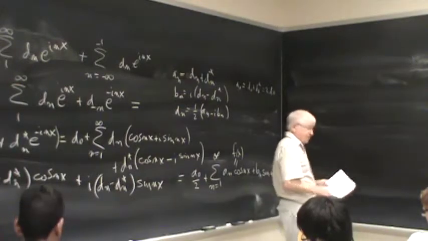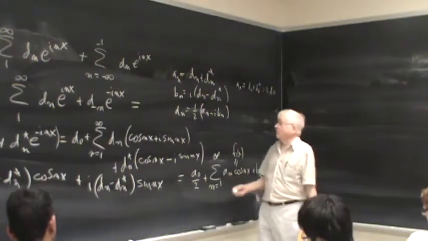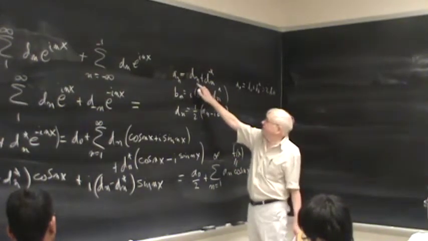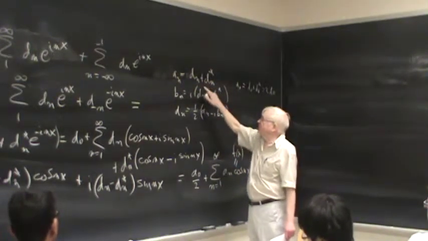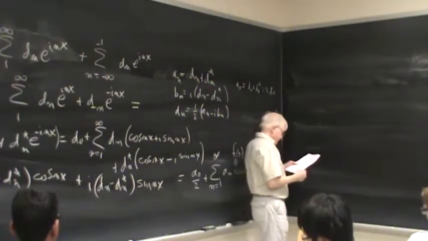But now we need to say, well, what are the rules for Bn and An and A0? Well, in a sense, you can just compute them from the rules that you already know.